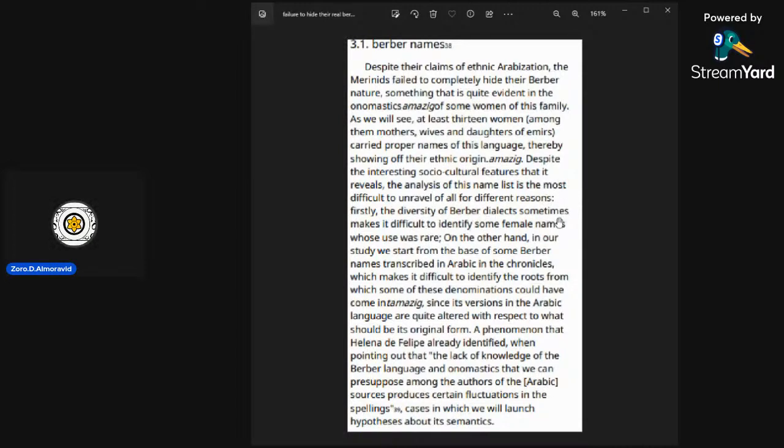As you can see, Berber dialect sometimes makes it difficult to identify some female names. And in our study, some Berber names are transcribed in Arabic, which makes them difficult to identify, along with the lack of knowledge of the Berber language. Unfortunately.